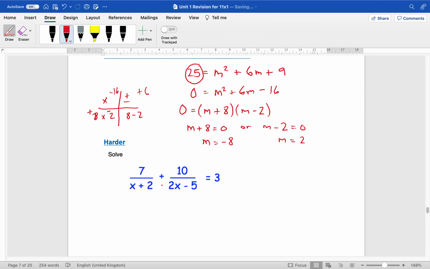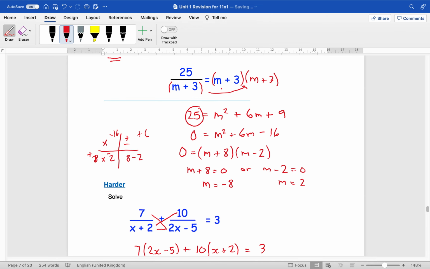You have to make them into one fraction by doing the top of that times the bottom of that, plus, because that's what we have here, if that was minus, that would be minus, the top of the right hand one times the bottom of that, divided by the bottoms times together, x plus 2, 2x minus 5 equals 3.